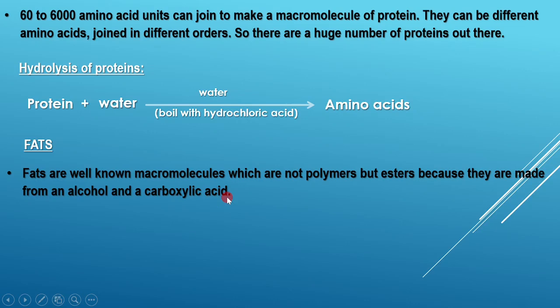Though they are classed under natural macromolecules, they are not polymers as such, because they are made from an alcohol and a carboxylic acid. There will not be many alcohols and carboxylic acids, there will be just a few.